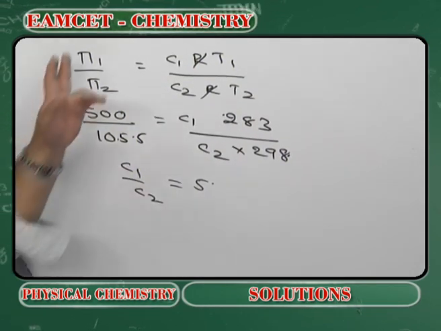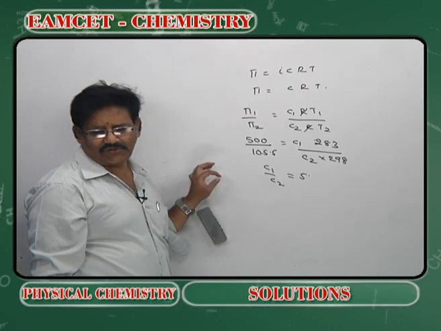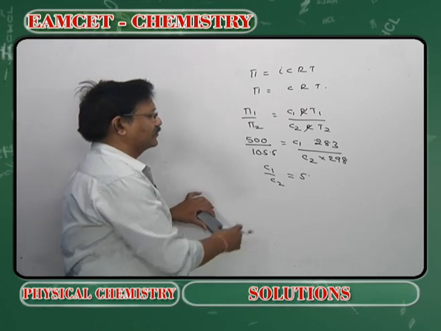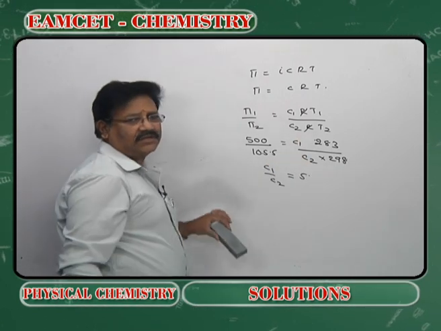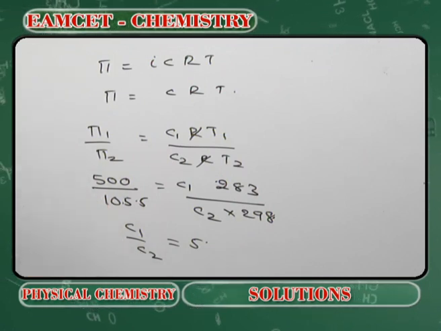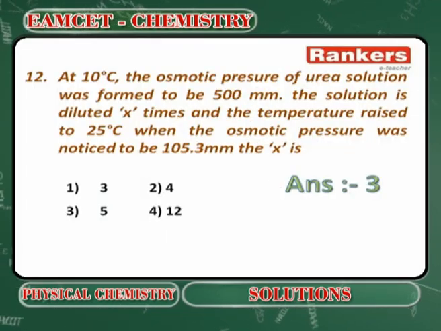That is, the solution got diluted by 5 times. So C1 by C2 is equal to 5, and the x value will be 5. The solution got diluted by how many times? 5 times.